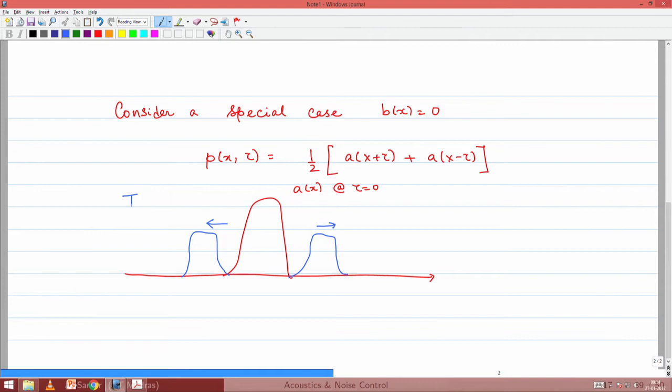Whatever is the height here, let us say h, the height here will be h by 2 and the height here will be h by 2. This makes perfect sense because both the directions are symmetric. Whatever is the initial condition, that initial condition enforces two waves going in opposite directions with half the amplitude of the initial condition.